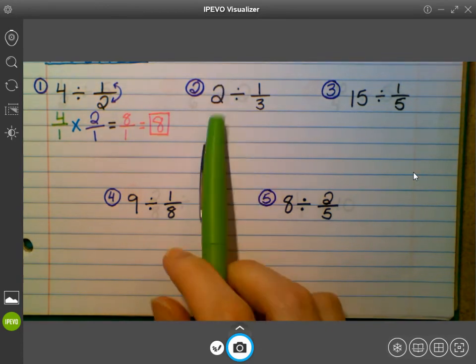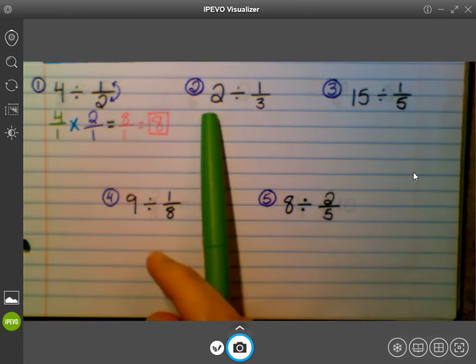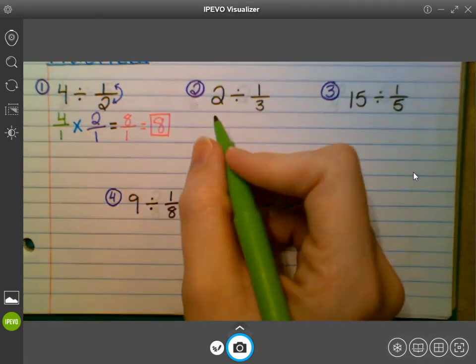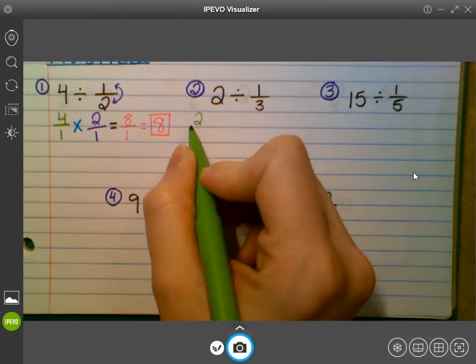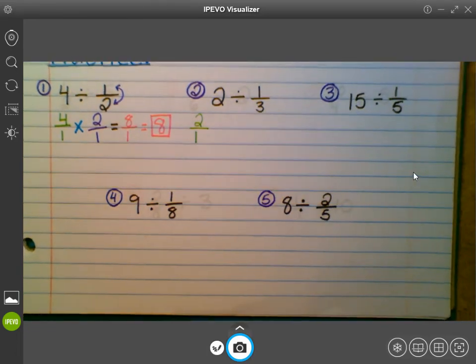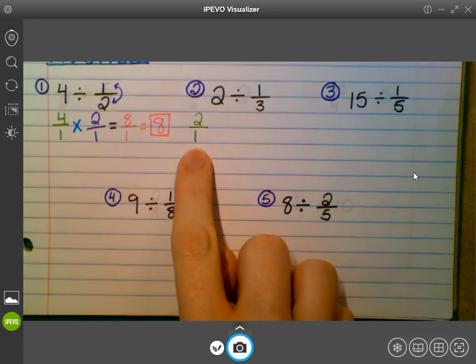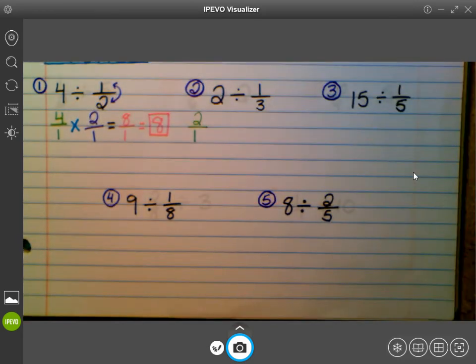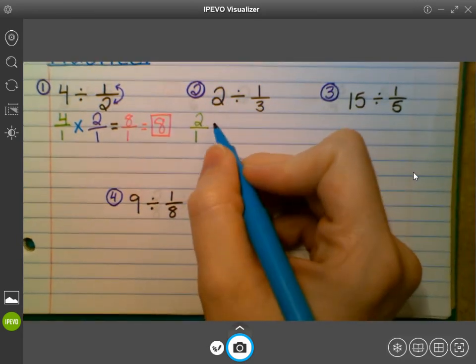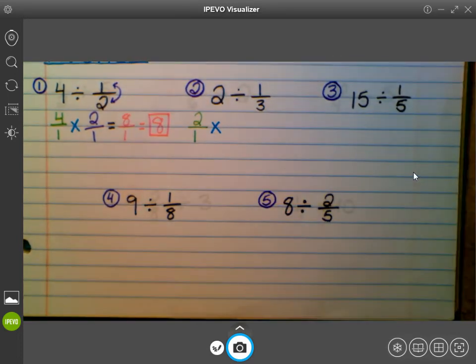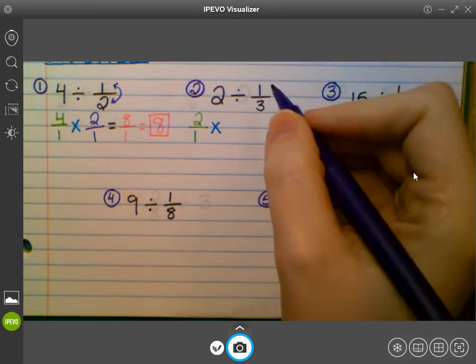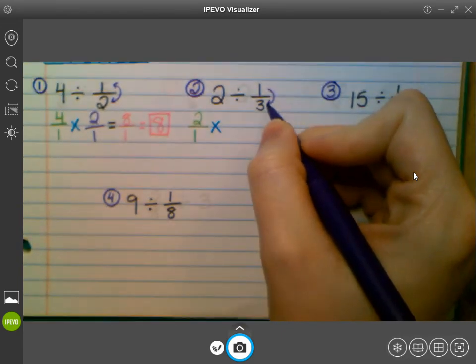I have a whole number. So I need to convert the whole number to a fraction. The whole number 2 is the same as the fraction 2 over 1. So now I keep, change, flip. So I keep the first fraction, which is now 2 over 1. I change my division symbol to multiplication. I flip my second fraction to find the reciprocal.